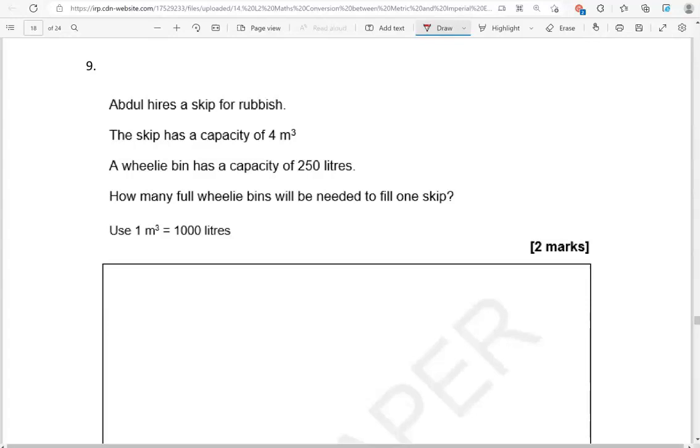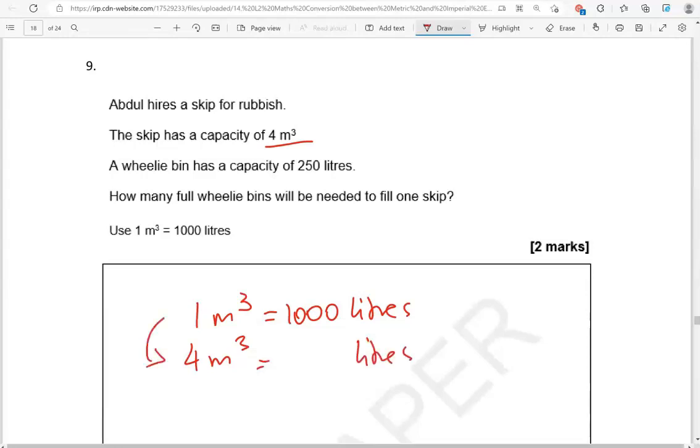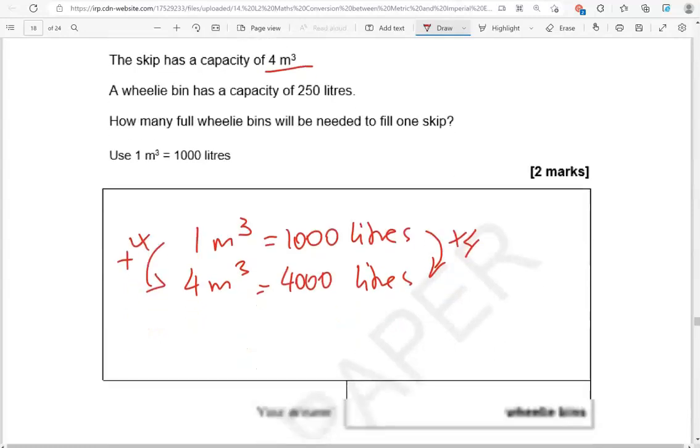Okay, so 1 cubic meter is equal to 1000 liters. What about 4 cubic meters? How many liters is that? To get from 1 to 4, we multiply by 4, so we'll do the same on the other side. 4 times 1000 gives us 4000 liters.